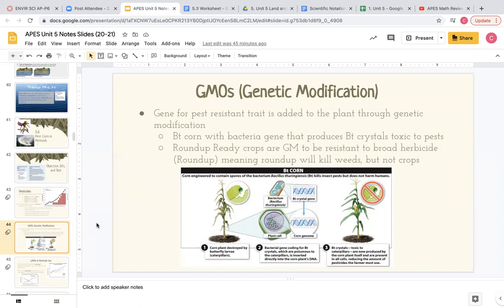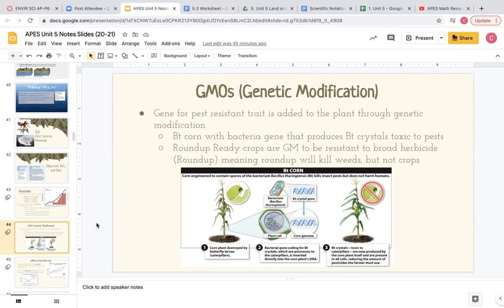In the corn plants, they actually have a bacteria that comes from soil that produces crystals to be toxic to pests. So they have inserted that gene from the bacteria into this corn so that now you don't have to spray it with pesticides or herbicides because it's naturally resistant on its own.